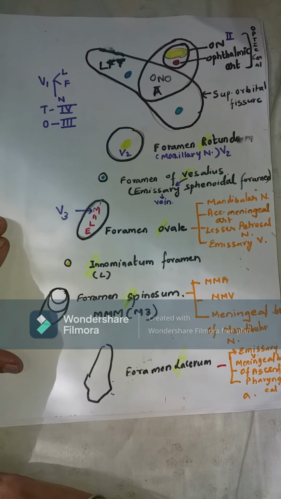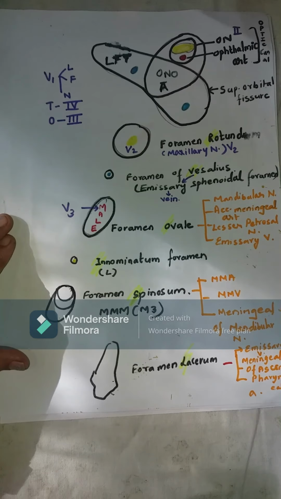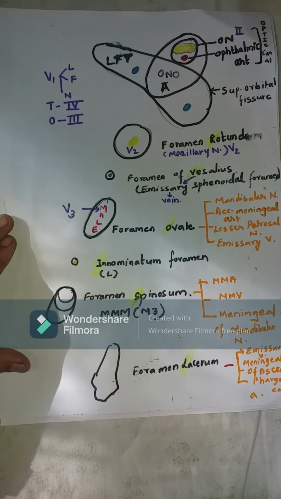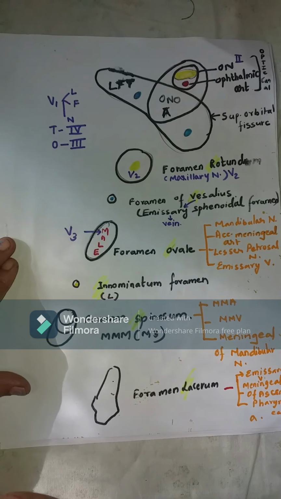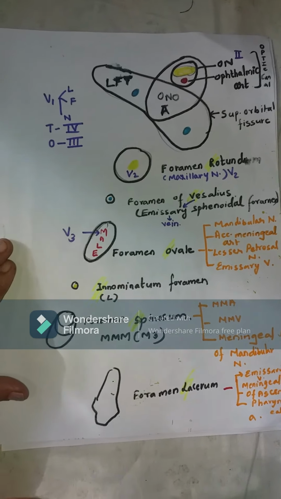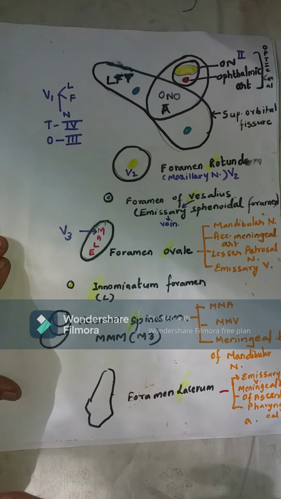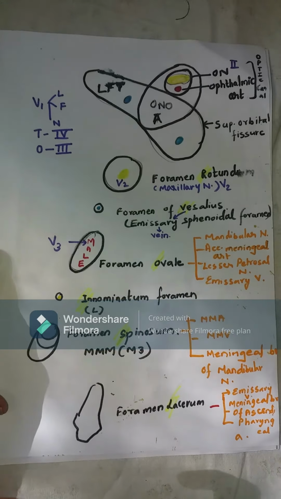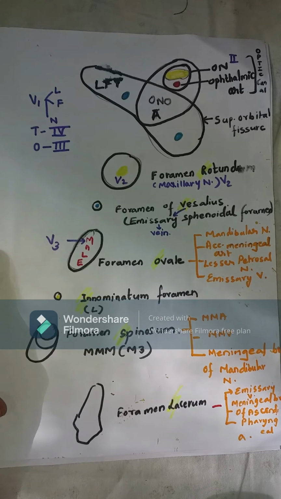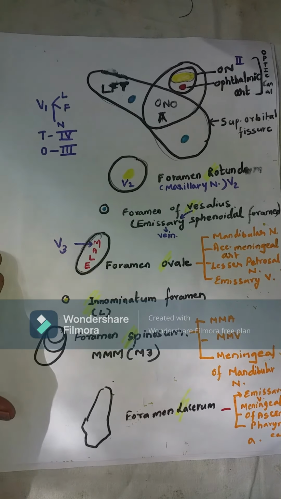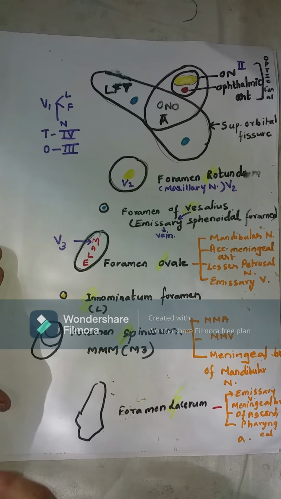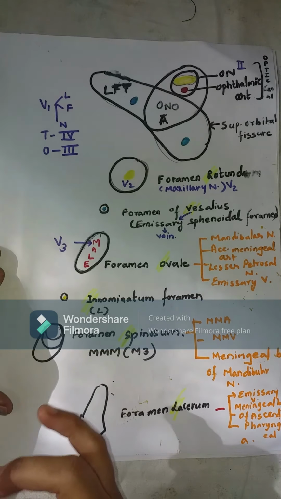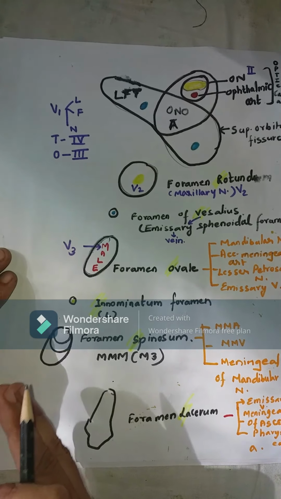So up till now we have identified the foramina in the middle cranial fossa. The next important thing is to learn the structures passing through these foramina. I'll be giving you a little information here and there, because in detail we will definitely learn as the story proceeds.